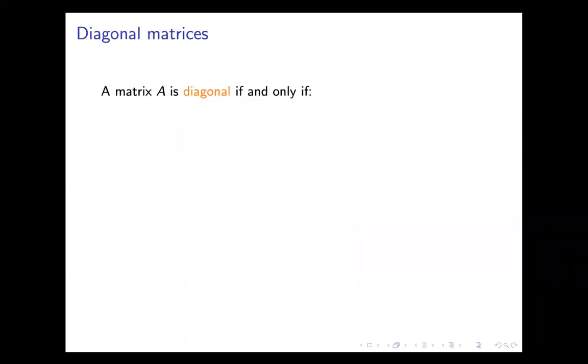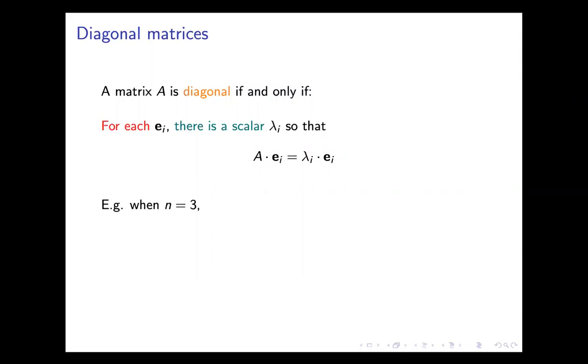Now, a matrix is diagonal if and only if for each e_i from the standard basis, there's a scalar lambda_i so that A times e_i is equal to lambda_i times e_i. So the entire action of the matrix is reduced to simply multiplying by a scalar lambda_i. For a 3×3 matrix, we'll have a diagonal matrix with lambda_1, lambda_2, lambda_3 located on the diagonal.